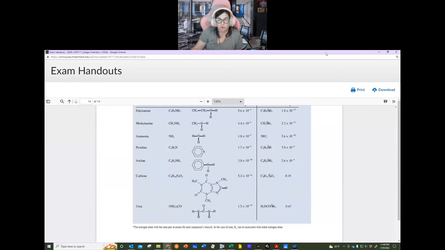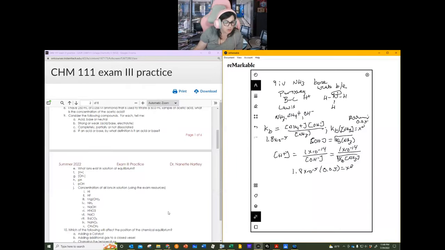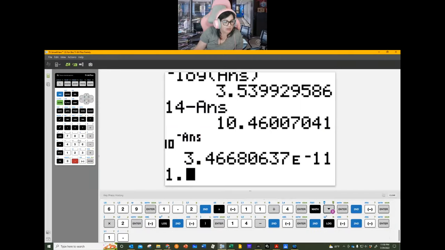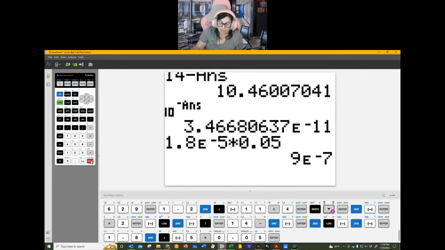And again, we are making the assumption, and it's not necessarily a good one, but we are making it. So we take our 1.8 times 10 to the negative 5 and multiply that by the 0.05.